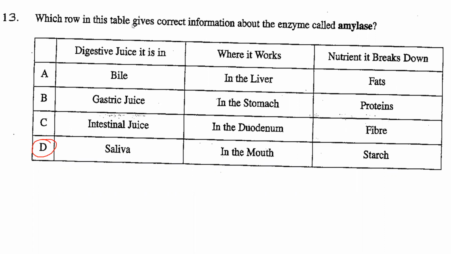It's right on the screen. Julicia, look at D. Starch. Exactly, the nutrient that it breaks down is starch. Where does the enzyme work? In the mouth. And what digestive juice is found there? In the saliva. The saliva, very good. All right, great.